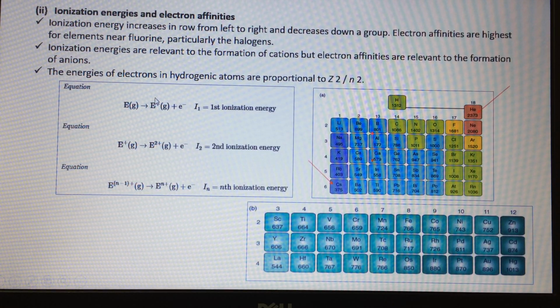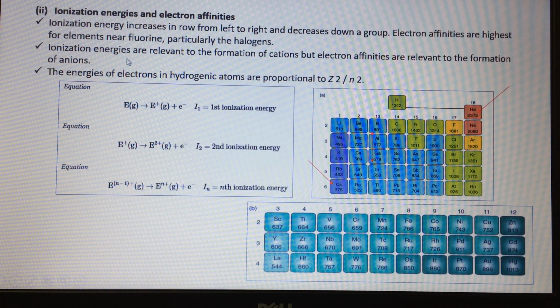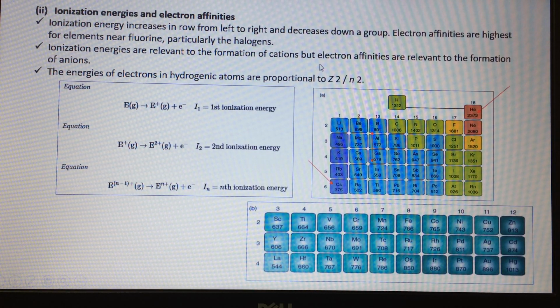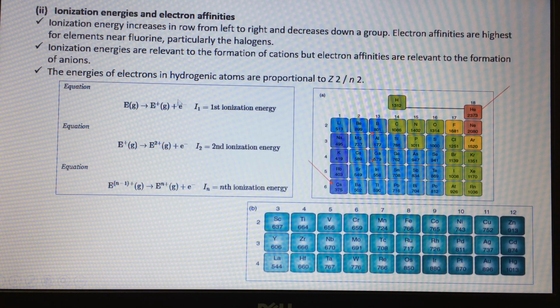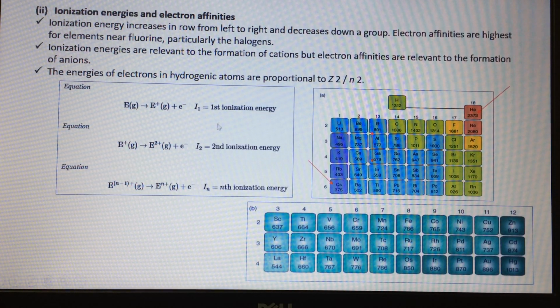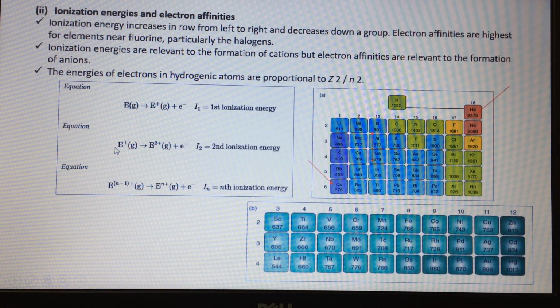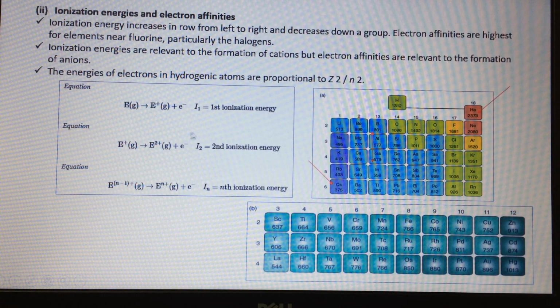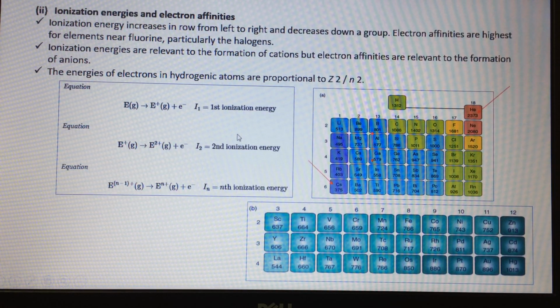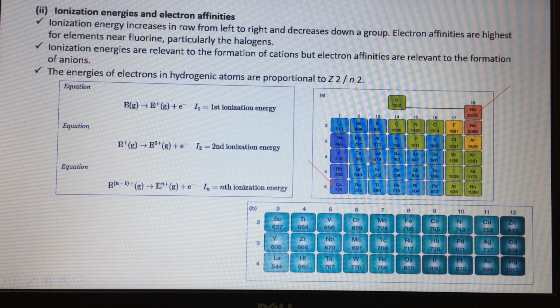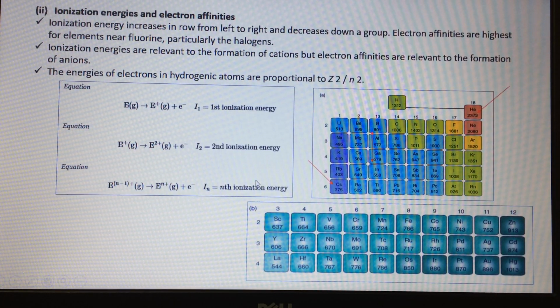If you remove a second electron, then the second ionization energy is required. Like that, another ionization energy is required for the removal of each further electron.